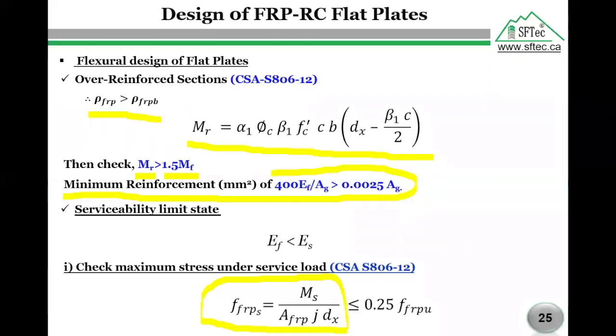The code allows using 25% of the ultimate strength of the used FRB bar. So let us say we have the ultimate strength of the used FRB bar 1200. So we will compare 0.25 by 1200 to the maximum stress under service load.